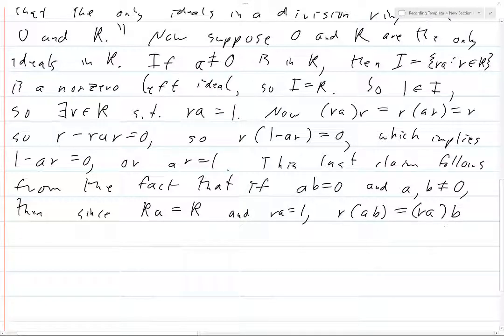But ra equals 1. Wait, hold on. ab equals 0, so r times ab equals 0. But this is equal to ra times b, and ra is 1, so that's b, which is 0. Why did I have to use this thing here? I don't know if I did.